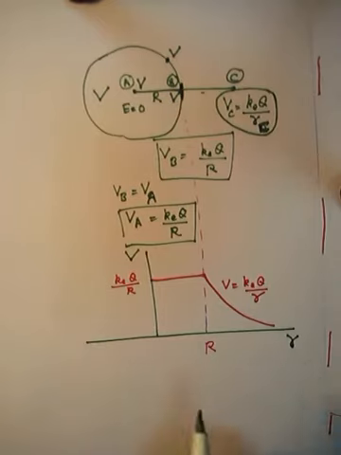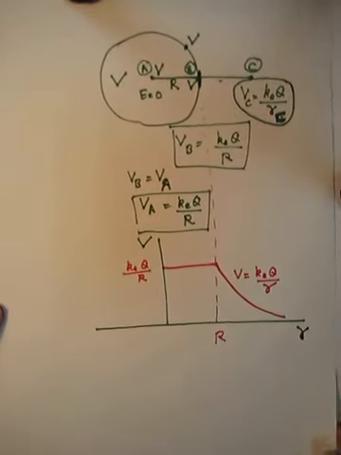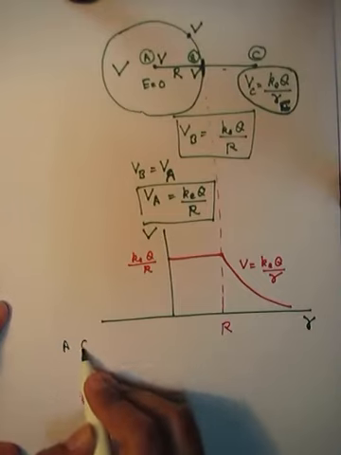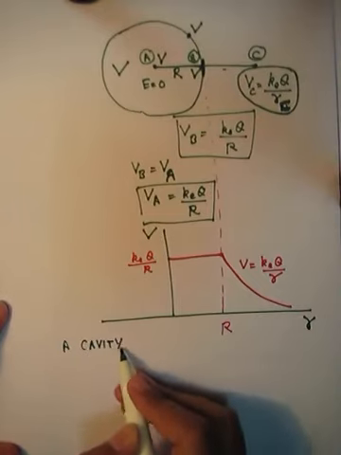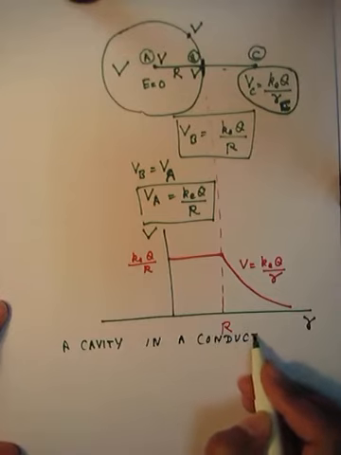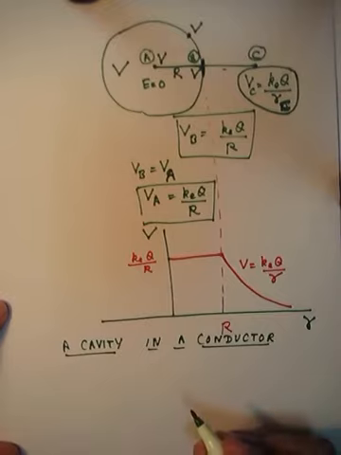Now let us try to understand the behavior of a conductor when it has a cavity. A cavity means we have a hollow surface.